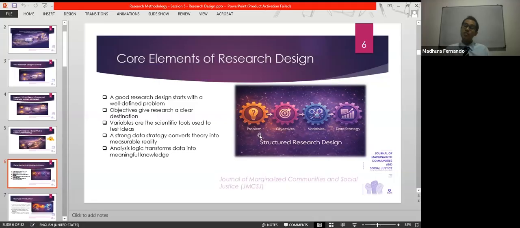So in that case, your data strategy has to be a quantitative strategy. You get what I mean? Okay. And actually, a strong data strategy converts theory into measurable reality.